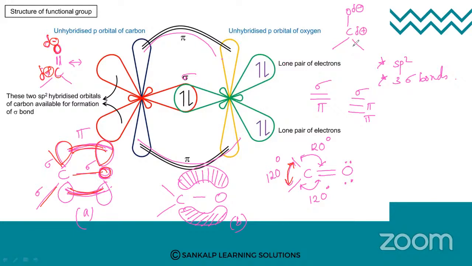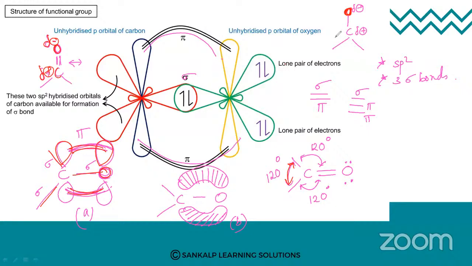So because the carbon oxygen double bond is polarized, because of the electronegativity of the oxygen, as compared to carbon, oxygen is highly electronegative. So this will get a minus sign, this will get a positive sign. The carbonyl carbon is electrophilic in nature and acts as a Lewis acid, because it will accept a proton.